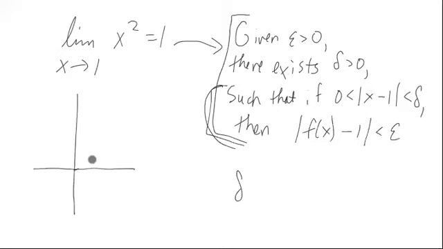Let's look at this part of the parabola here. Let's suppose it's this point that we're looking at. We have an epsilon going up here, an epsilon going down here. Then we want to figure out the delta that'll work, that pushes out in both directions.